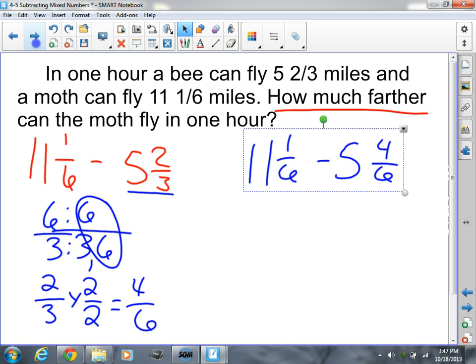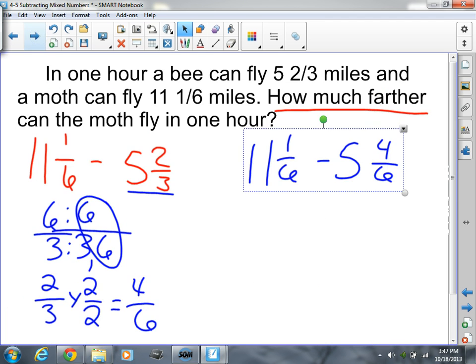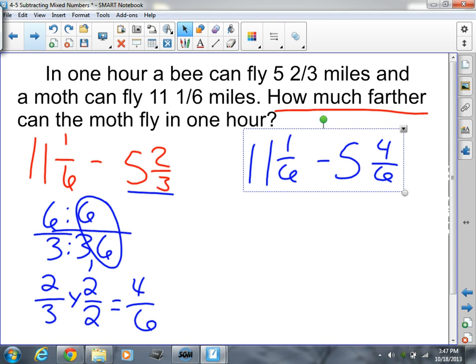I can't take away 4/6 if I only have 1/6. So going back here, we're going to have to rename something. Now, you could do it like this, where you only rename one of the fractions, or one of the pies, but here's my suggestion. Let's do the second version. That's what I'm going to try.